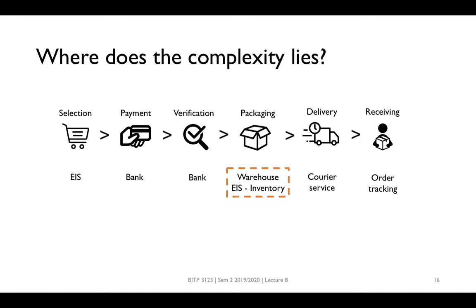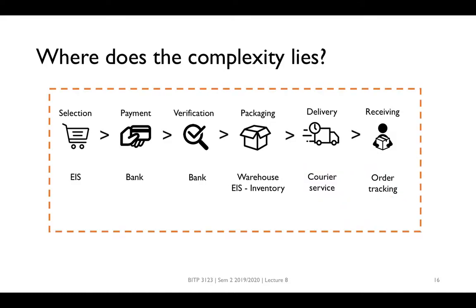Integration with the courier service system, which is external to the enterprise, for delivery and tracking of order. In this chain alone, it involves many parties with different requirements and technologies. All are integrated and seen as one solution.